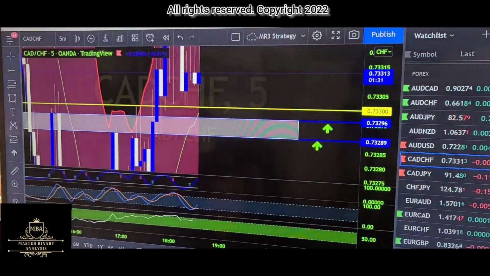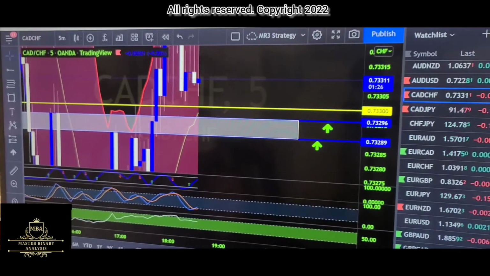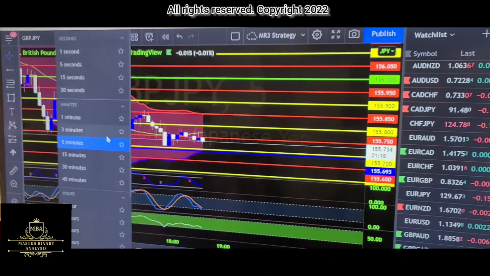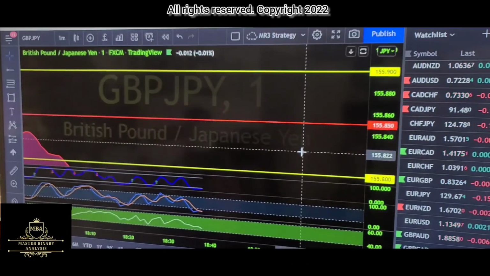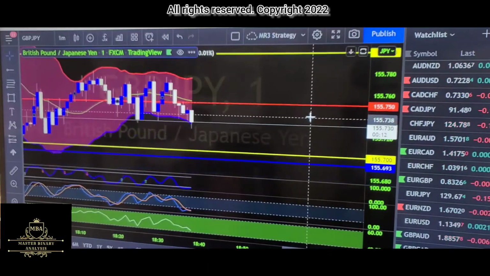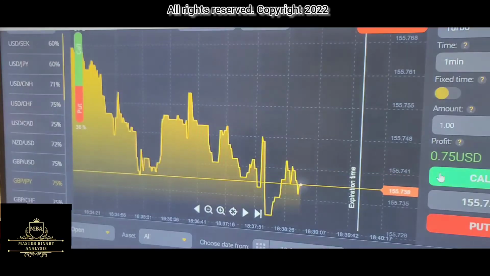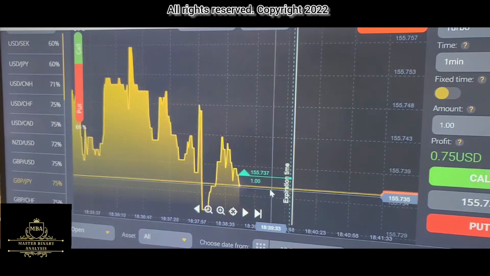So I'm gonna go to my chart, I'm gonna find GBP JPY. Okay, so I'm gonna go to the 1 minute chart. I actually have an alarm there. Okay, I see somewhat of an engulfing candle. I'm gonna do just a 1 minute call. I should have taken it here, but it's okay.